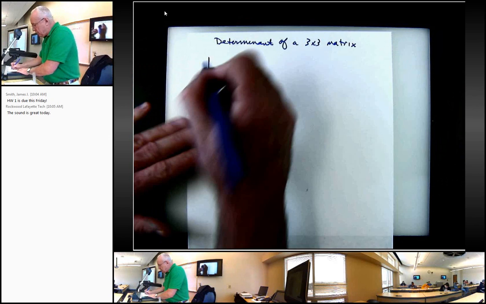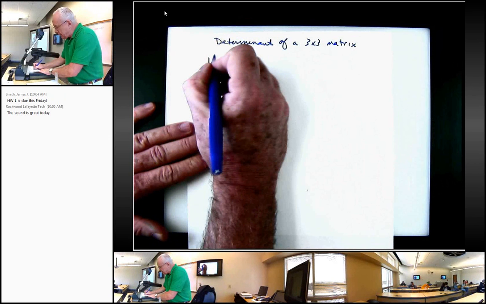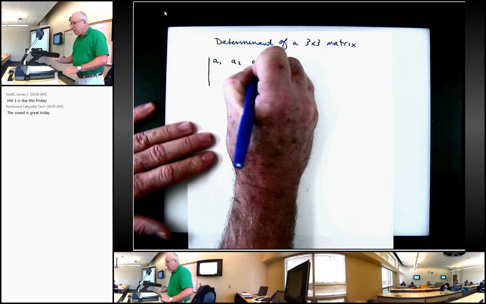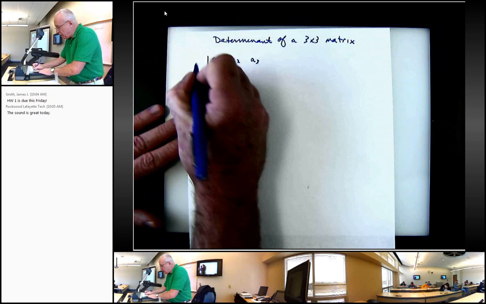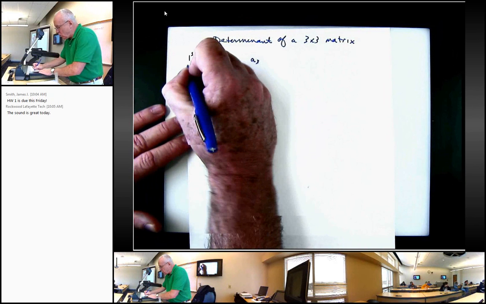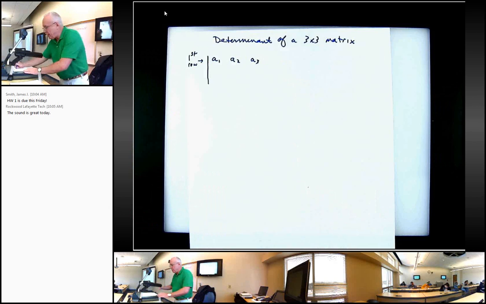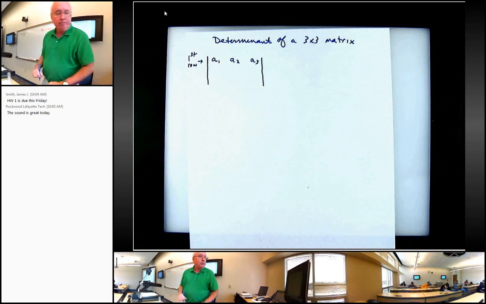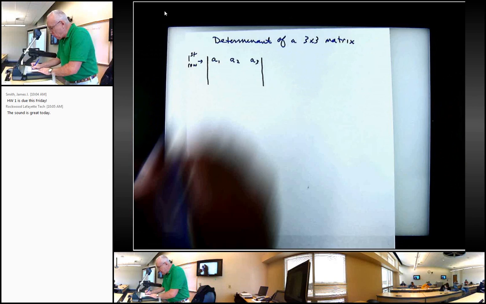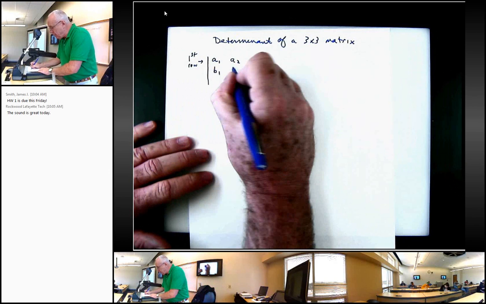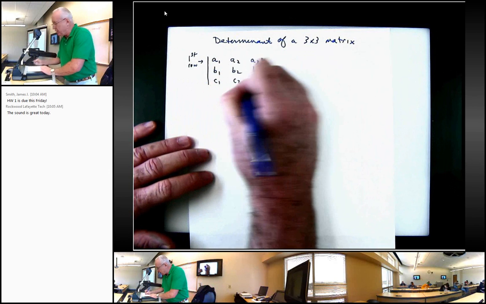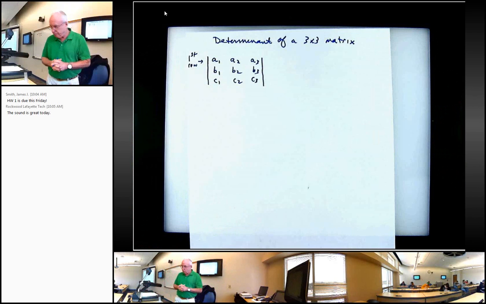So say we have a 3 by 3 matrix. Let's call the elements A1, A2, and A3. We can call this the first row, all right? And we have our vertical lines on either side. And then we have B1, B2, B3, and then finally C1, C2, and C3.